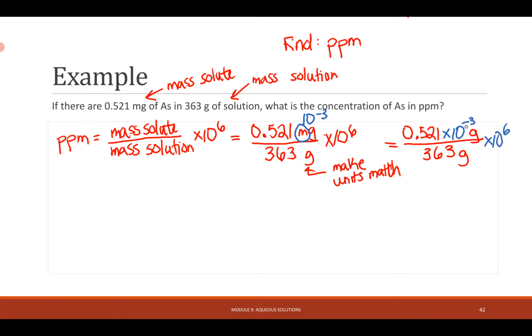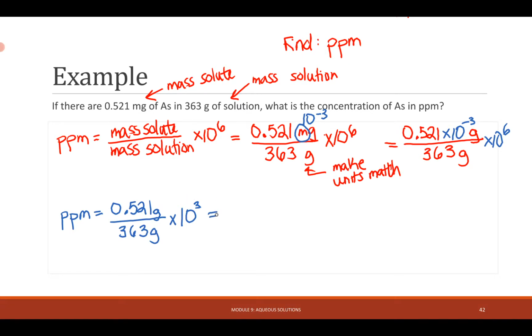I can just combine the 10 to the minus 3 and the 10 to the minus 6. So I can come down here and simplify it to 0.521 grams over 363 grams. When I combine these two exponents together, I can add the exponents, and that would turn into 10 to the positive third.